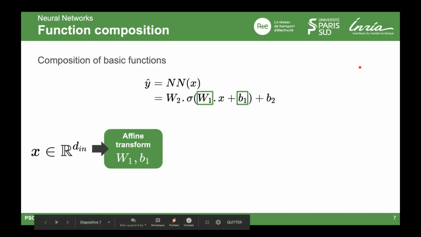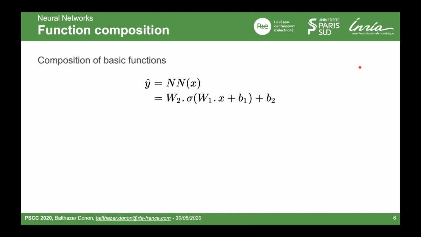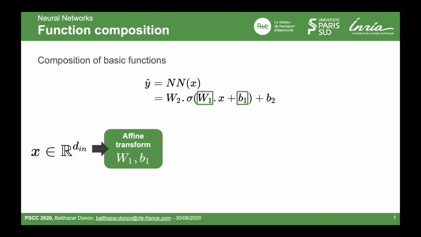The idea of neural networks is to compose very basic functions. In this equation, we have a neural network that is said to have one hidden layer, and it is composed of three basic operations. First, you have an affine transform, which means you multiply your input x by a matrix W1 and add a bias b1.